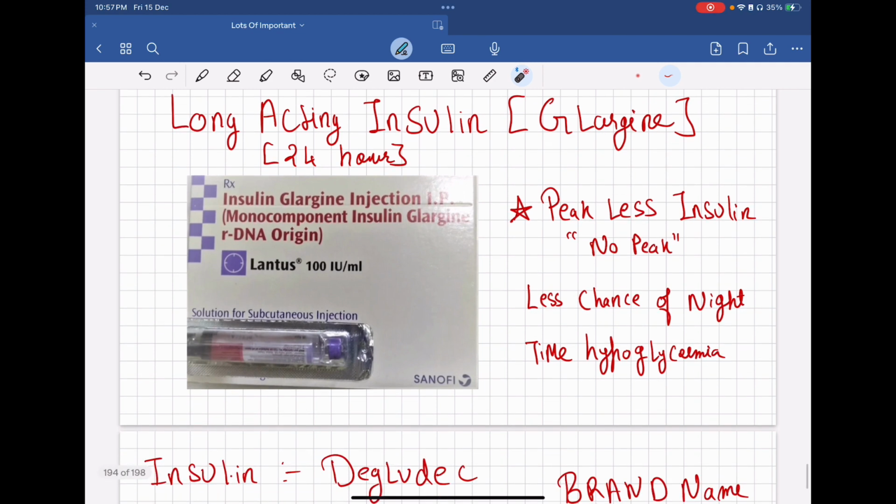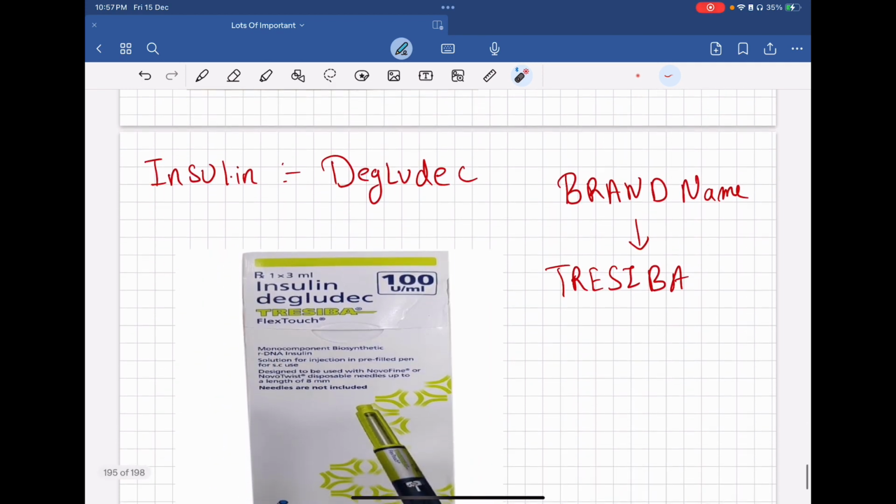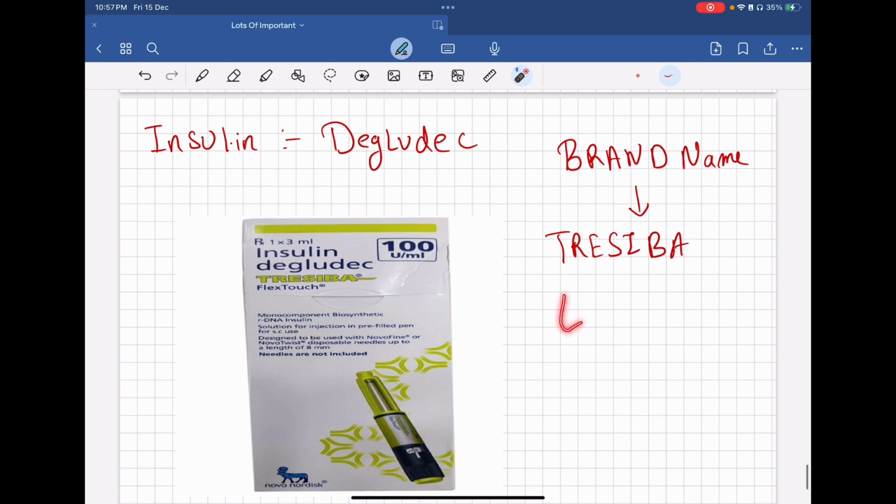Because of its peakless action, there is less chance of nighttime hypoglycemia, so we give it at night. The brand name is Lantus. Glargine is Lantus. Degludec, another long-acting basal insulin, brand name Tresiba, also has no peak, right? No peak.